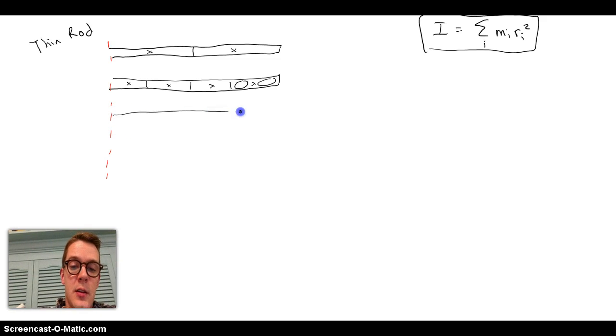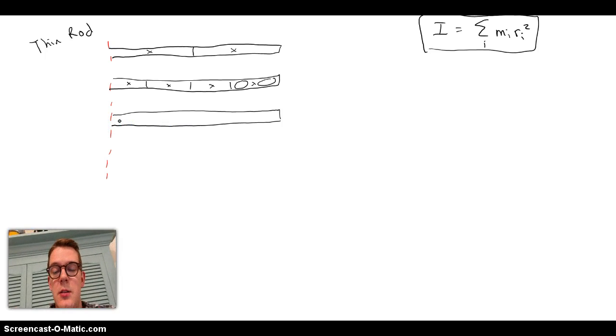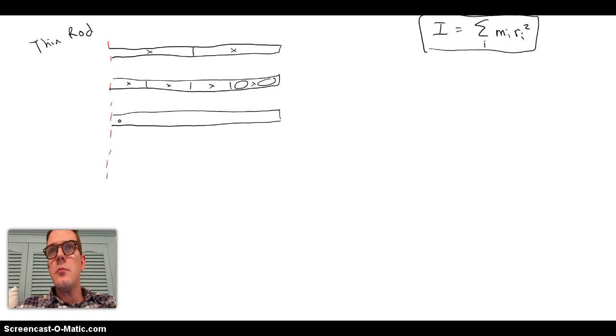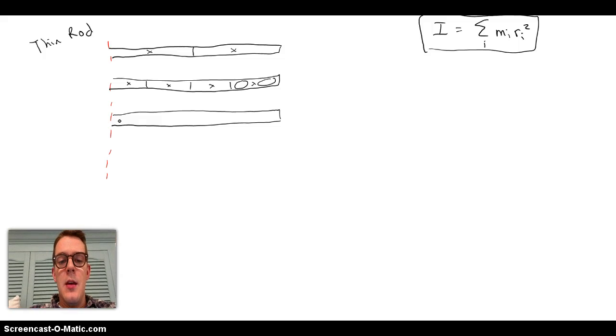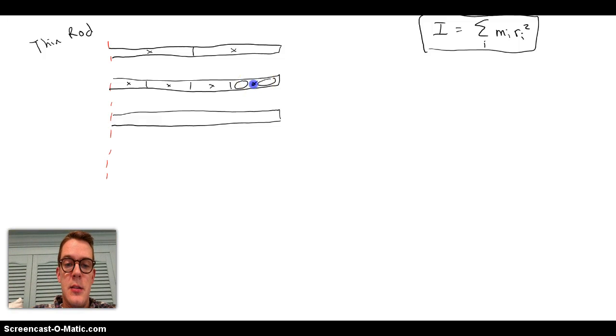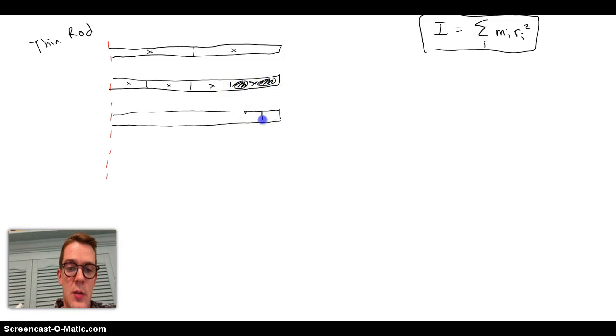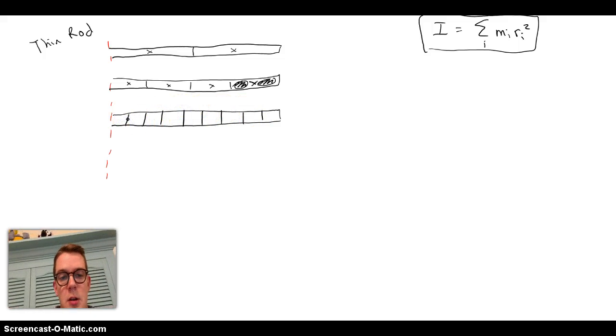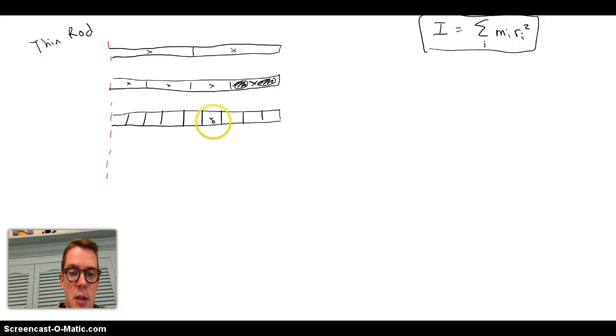However, if I make the chunks smaller, then the difference between where the center of mass is and the mass on either side of it, here and here, gets smaller and smaller. So if I break it up even smaller, then for each given chunk, that's not going to be that much different for the R value of the center of mass.